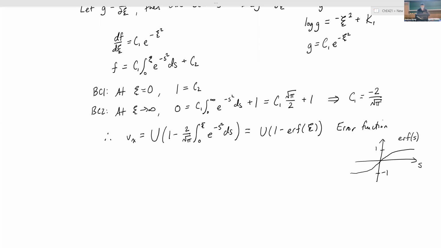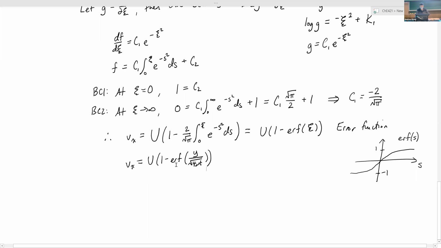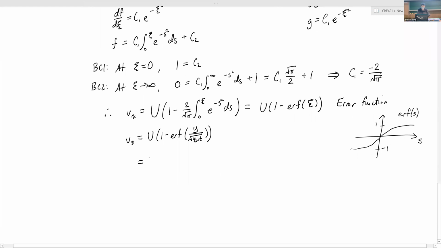Remember, we can plug in our similarity variable now at this point too. What we find is that Vx can be written like this. And this is just me plugging in the definition of c here. It turns out that 1 minus the error function is also so commonly seen that there's a special name for that too. And that's what we're going to use for the solution moving forward.